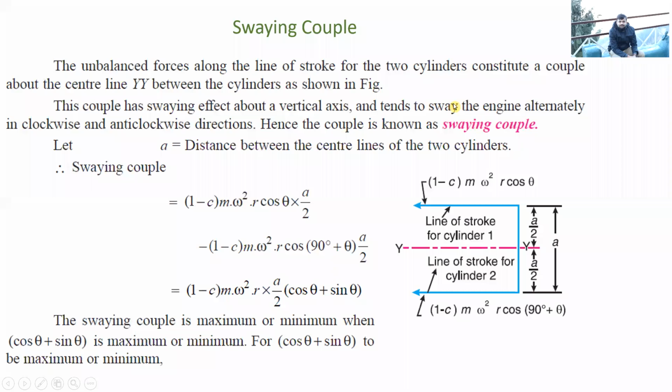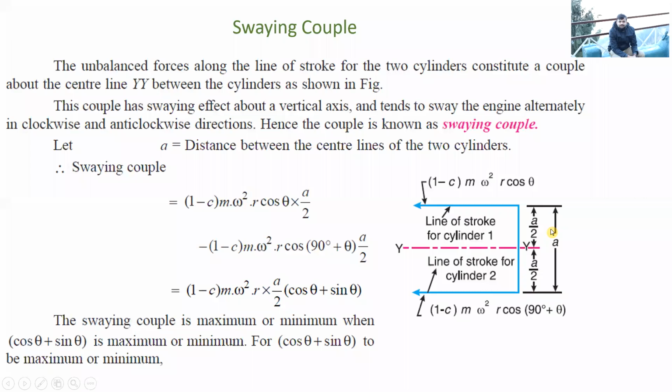Now let's move forward. The second effect of the unbalanced force in horizontal direction was that the unbalanced force will produce a swaying couple, right? This swaying couple is acting along this line of stroke. So let's assume that both the lines of stroke are at a distance of a from each other, as shown in this figure.